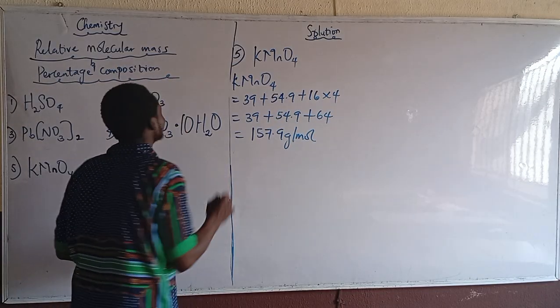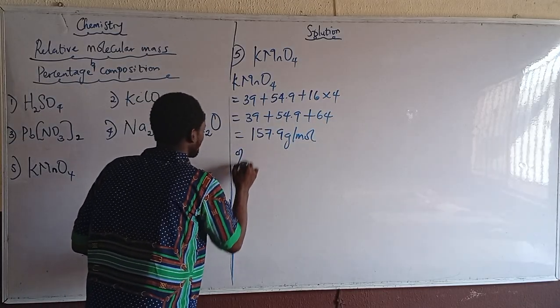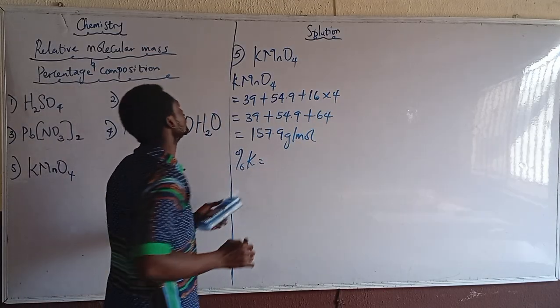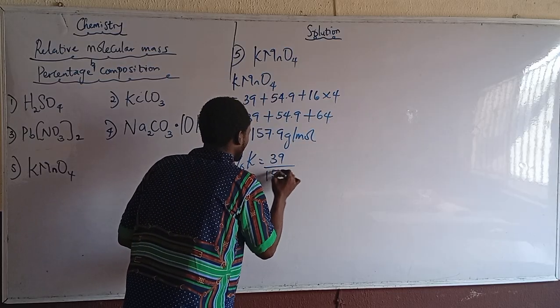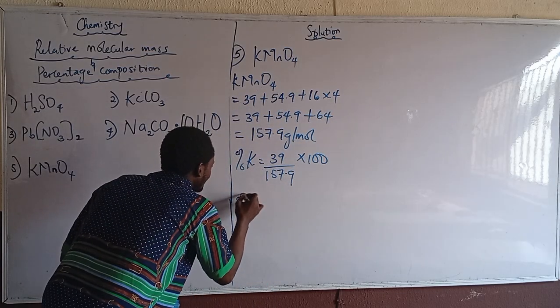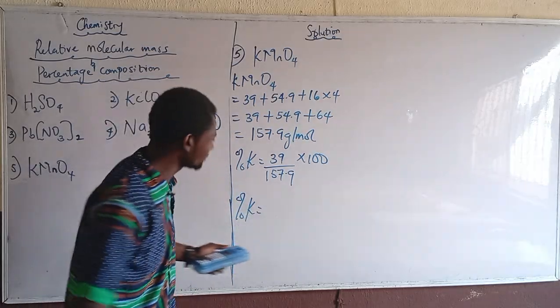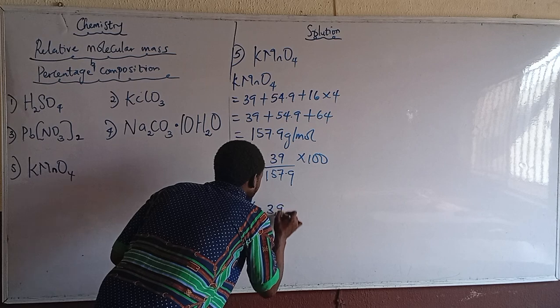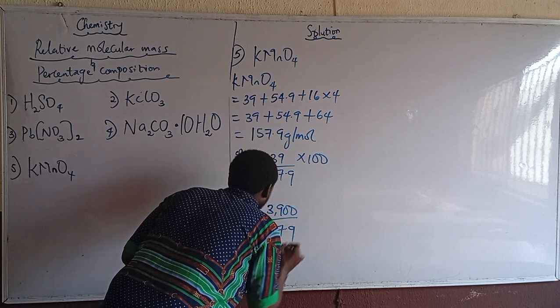So we calculate the percentage composition of potassium. Potassium is 39 divided by 157.9 multiplied by 100. So 39 multiplied by 100 is 3,900 divided by 157.9.